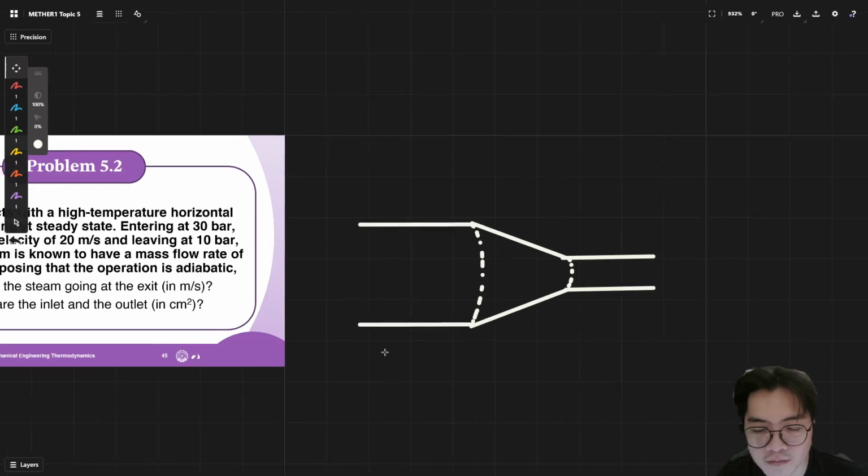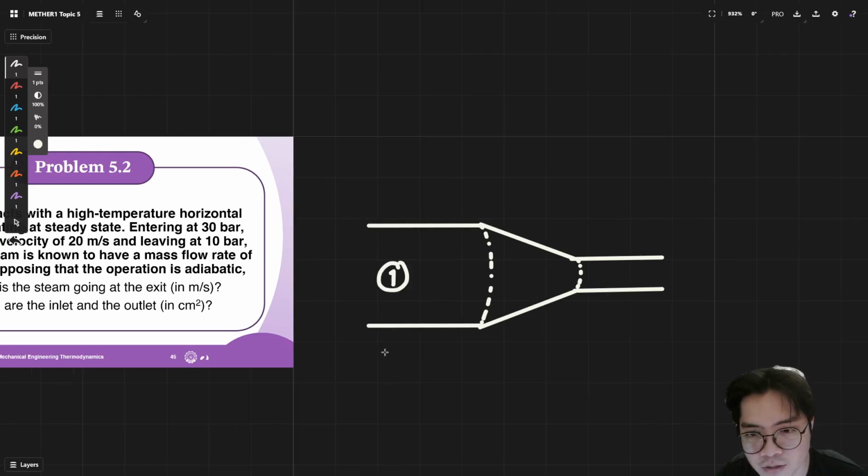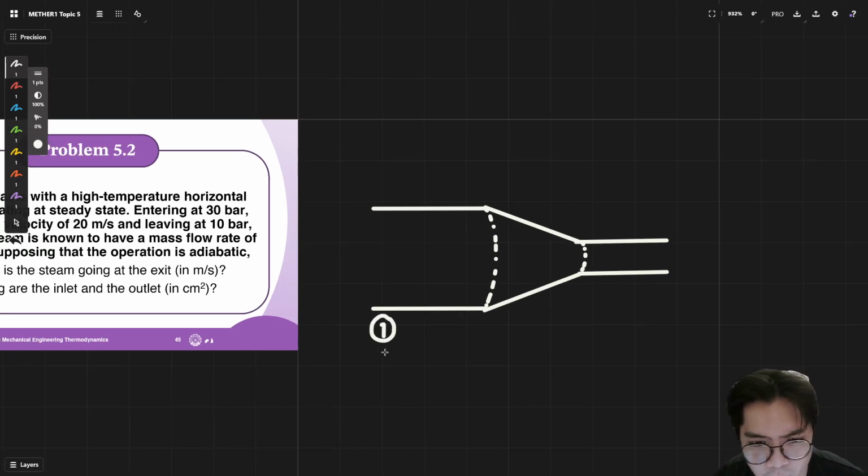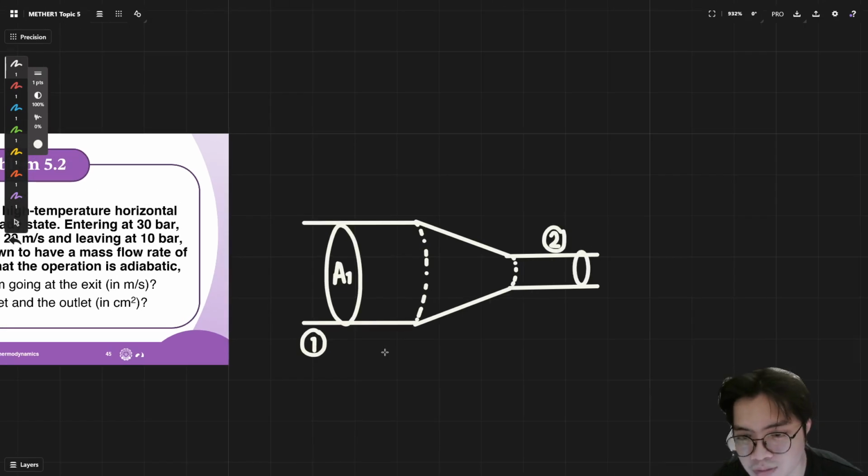So we will have your state 1 right here, and then your state 2 right here. Actually, let's just draw them outside. 1 and then 2. The thing about this is that, of course, you're going to see in here that the nozzle will have a bigger A1, right? And a smaller A2. This is already an explicit assumption, right?